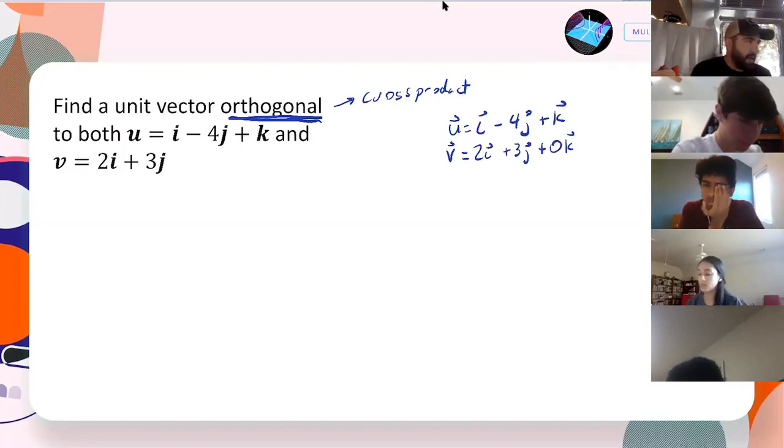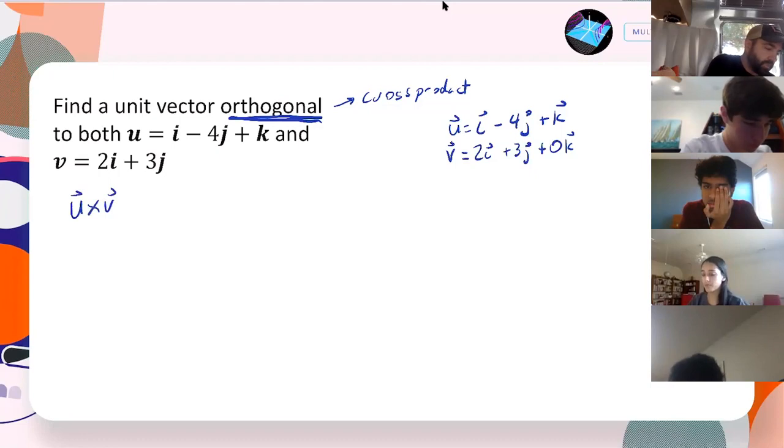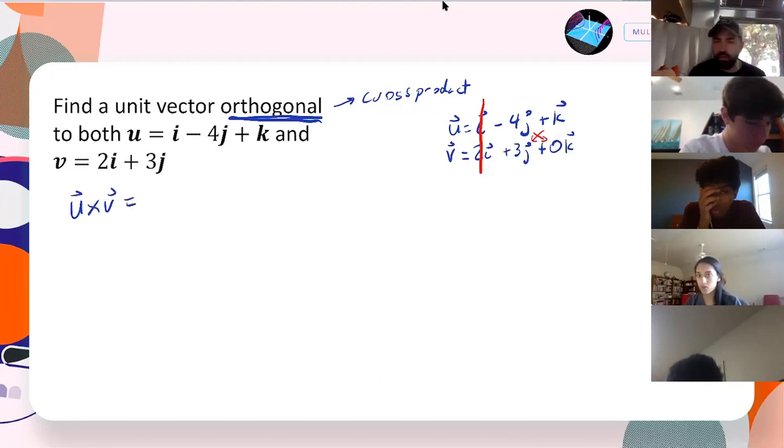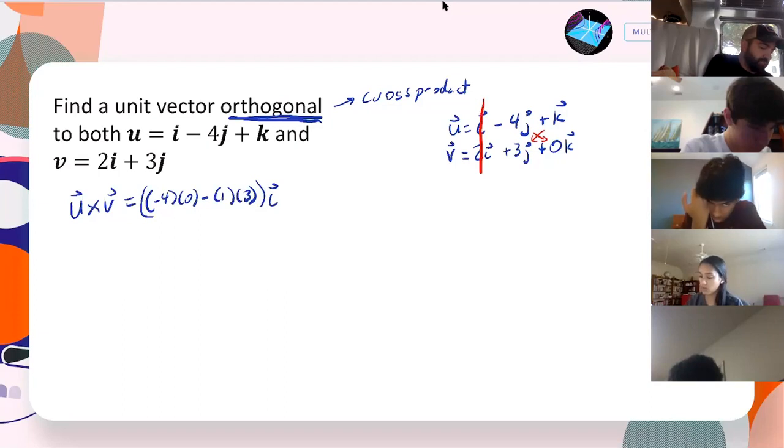And then I just go down, and if I'm trying to figure out what the cross product of u and v is, I kind of go down the line, and instead of writing out the determinant, the first one, I just think about multiplying these numbers. And so I do it in my head. You might want to write it out at first, but you do -4 times 0 minus 1 times 3, and that's your i component. And then remember the next one changes sign, so I have minus.